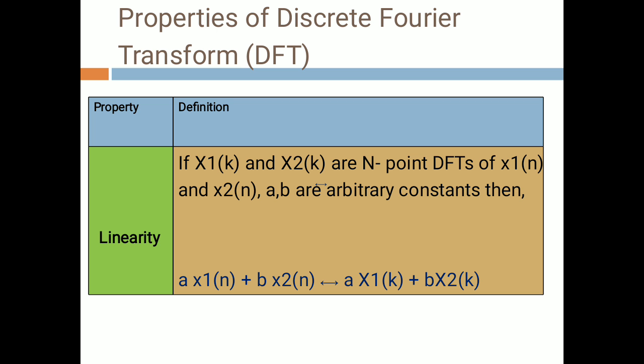That means if the original signals are multiplied by the arbitrary constants a and b, then after applying the DFT, the resultant signals are also multiplied by the same arbitrary constants. This is the linearity property.